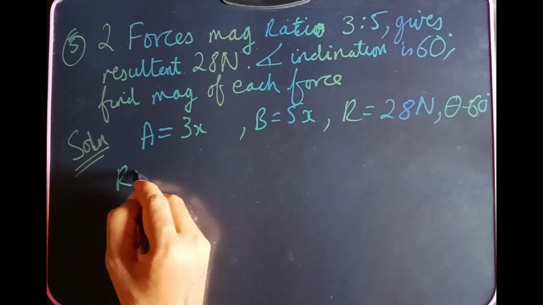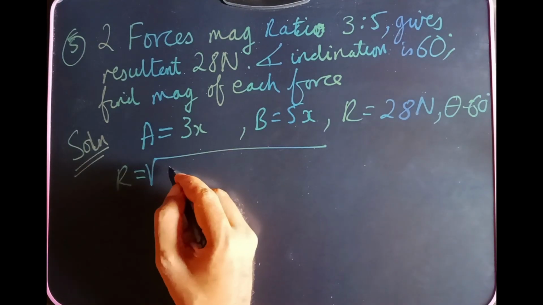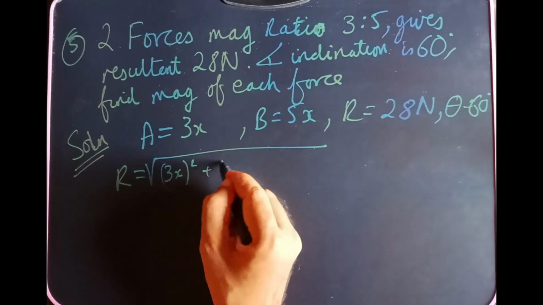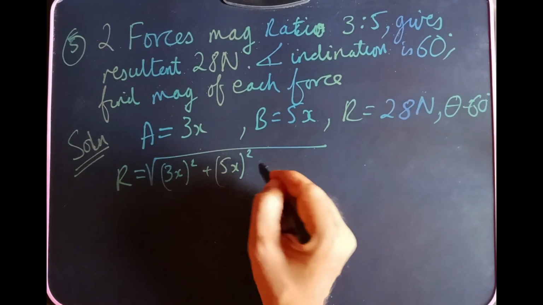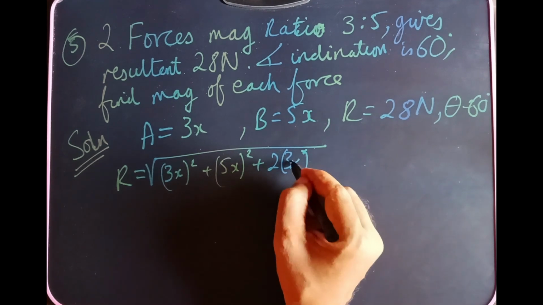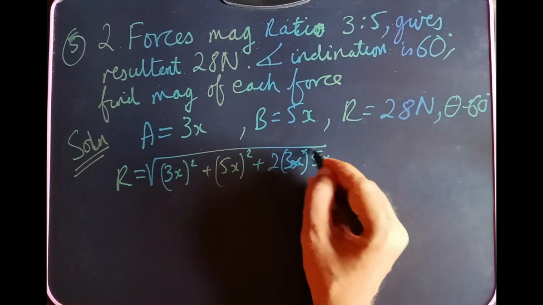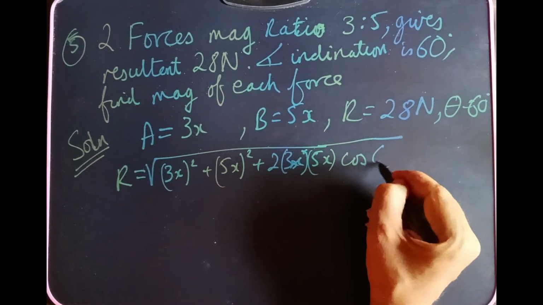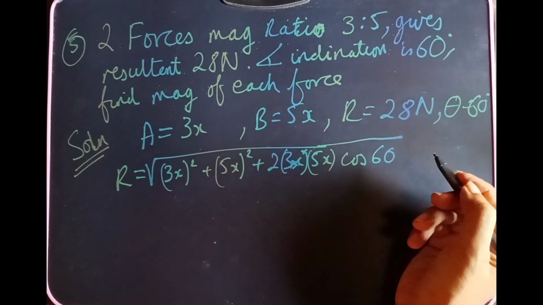So now we know resultant is given as square root of A square, which is 3x the whole square, plus 5x the whole square plus 2 times 3x into 5x cos of theta, which is 60, the angle between them, right?